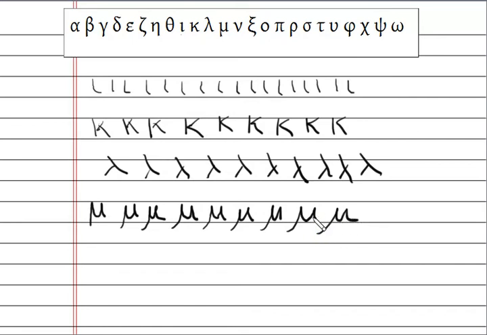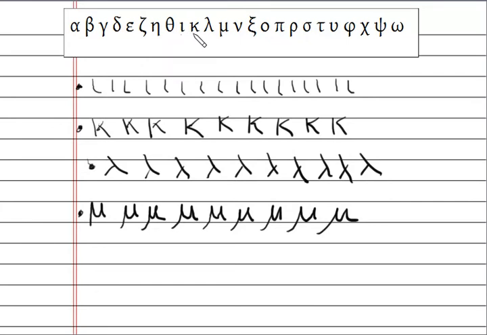So there we have it: iota, kappa, lambda, mu. Iota, kappa, lambda, mu. So you say it. I'll give you a little space to say it before I say the letter.